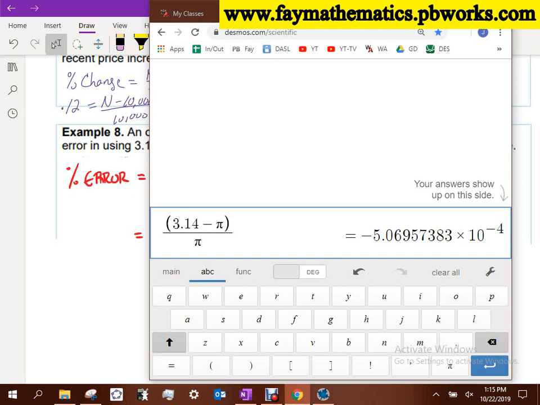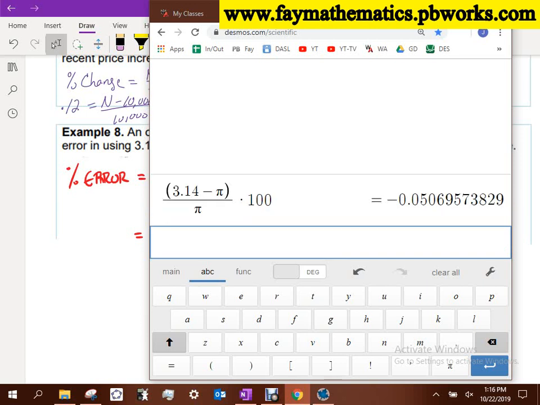What's it mean? That you have to move the decimal place over 4 times. So I move my decimal 4 spots to the left, right? And that's really where the decimal should be. Now, when I multiply this by 100, the decimals will actually get out of that scientific notation, and it gives me that number right there. That number is a percentage right now, so it's 0.05%.